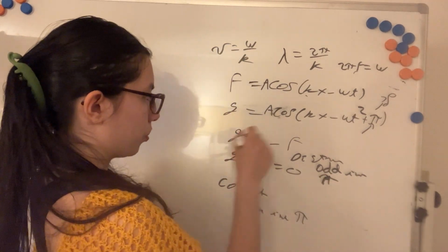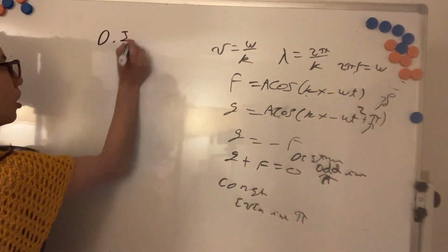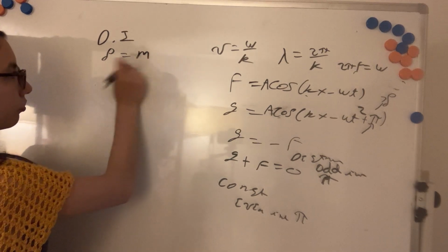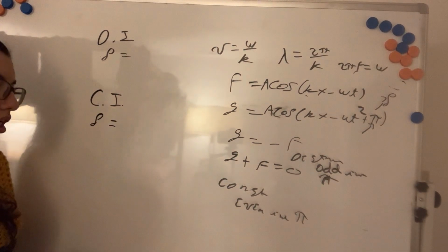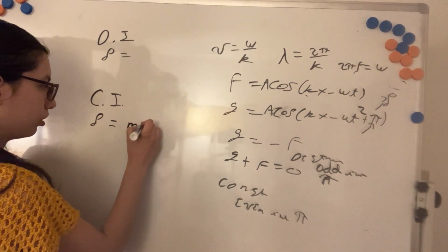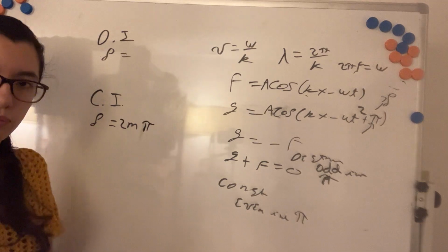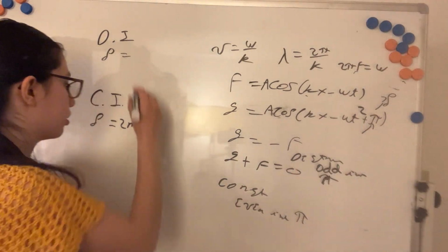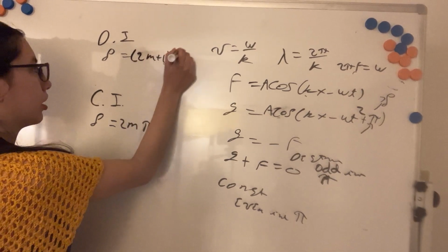So let's say that for constructive interference, the phase needs to be an even integer multiple of pi, so 2n pi. This would certainly make an even integer multiple of pi. And for destructive interference, we need an odd integer multiple of pi, so it would be 2m plus 1, times pi.